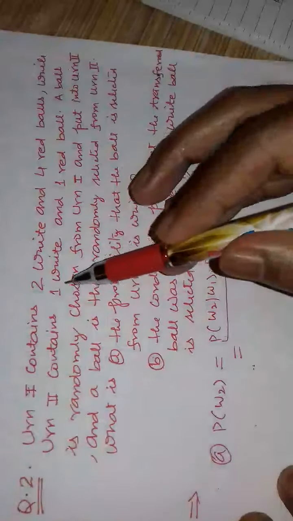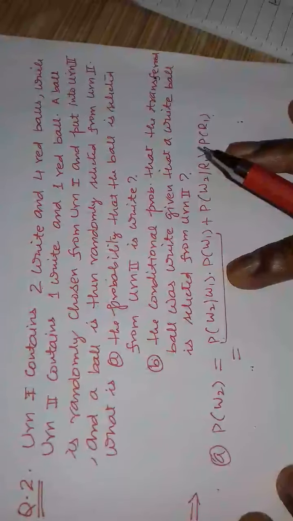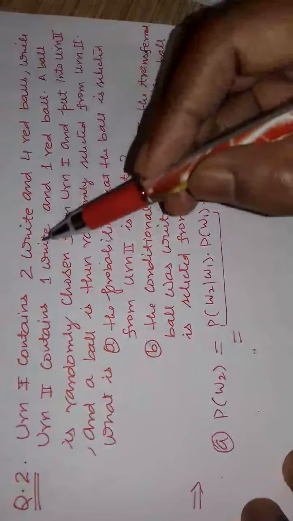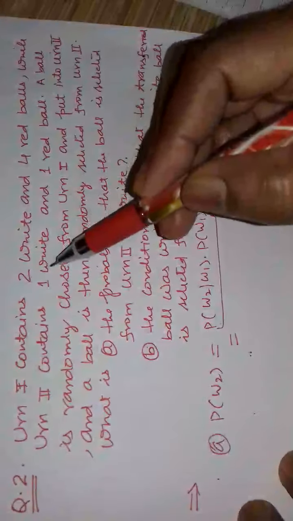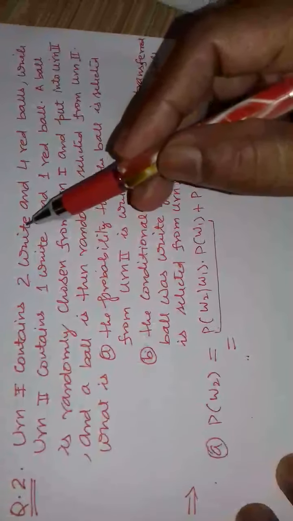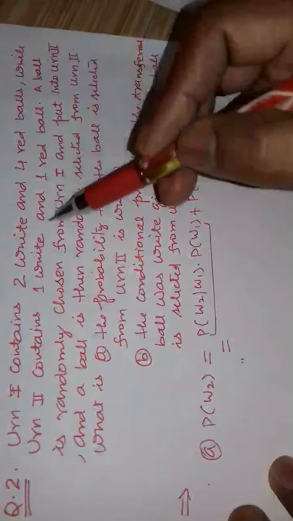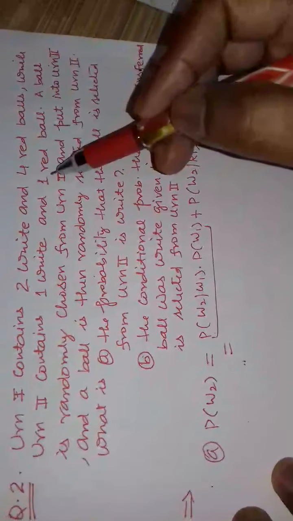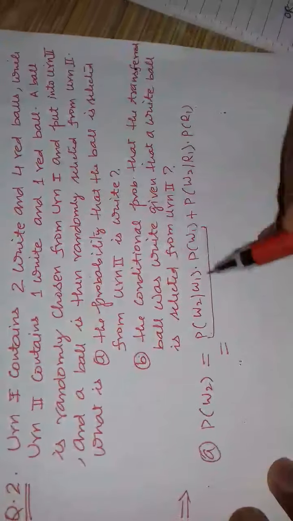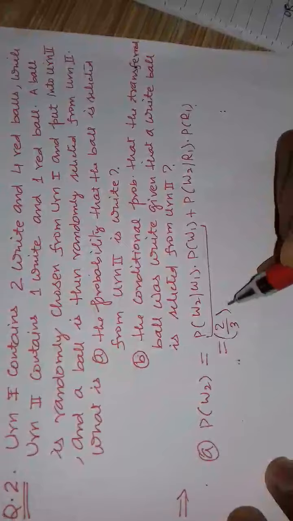Now there are 3 balls in urn second: 1 white, 1 red, and 1 white already come from urn first, so there will be 2 white and 1 red. So total balls after transfer will be 3, and the probability of this situation will be 2 by 3. I think you got it.